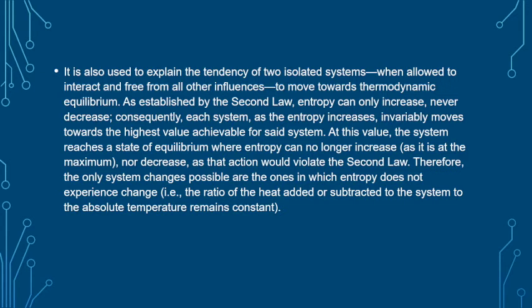At this value, the system reaches a state of equilibrium where entropy can no longer increase nor decrease, as the action would violate the second law. Therefore, the only system changes possible are the ones in which entropy does not change.